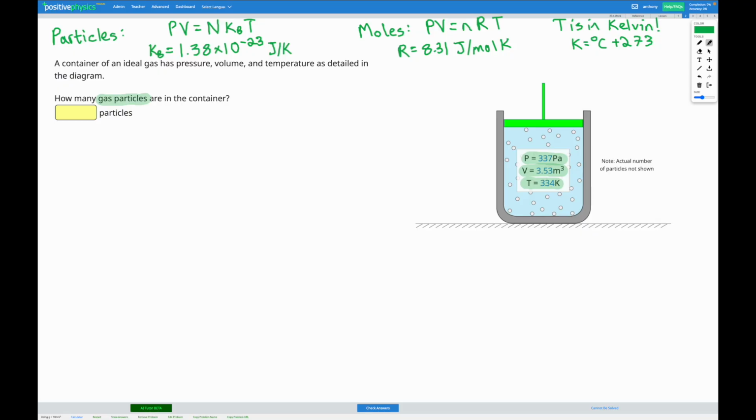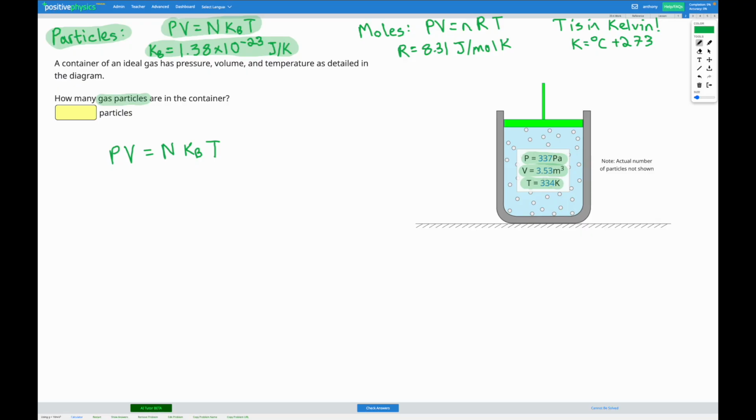So we're going to be using the particles equation in this question, which means we're going to be using KB, the Boltzmann constant, and we're going to be using our equation PV equals N KBT. So we're trying to figure out the number of gas particles.